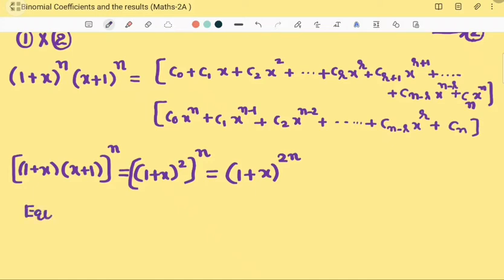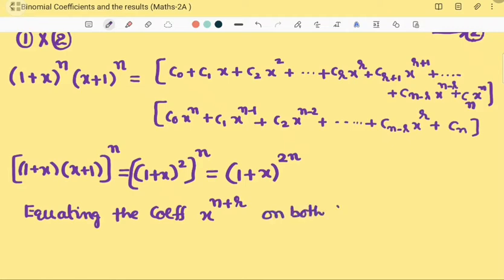Equating the coefficient of x power n plus r on both sides.